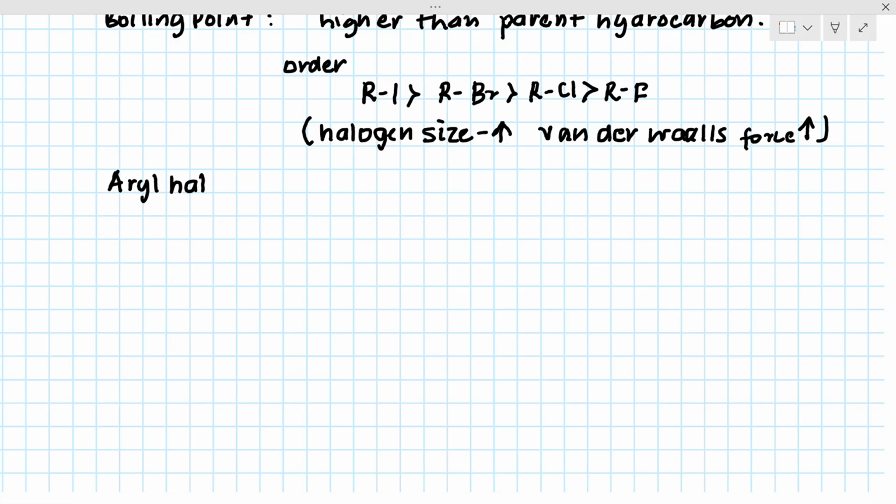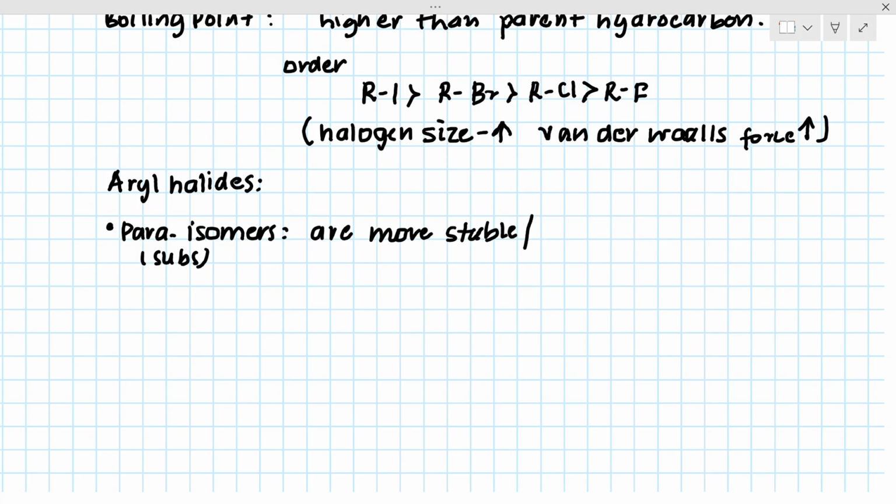Okay. Now going to aryl halides. What are the physical properties of aryl halides? In this, the main point is para isomers, or para substituted compounds, are more stable, or you can say have high boiling point or high melting point.